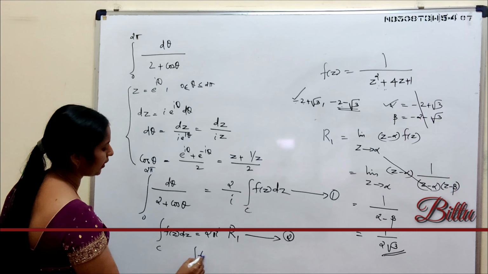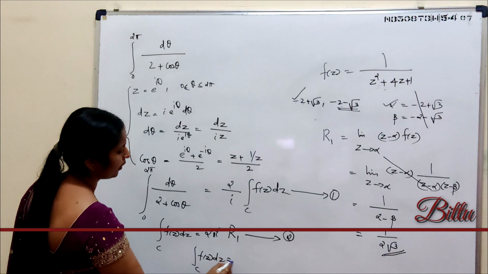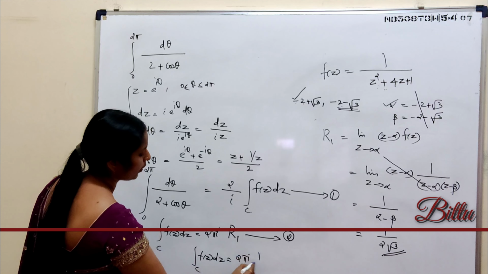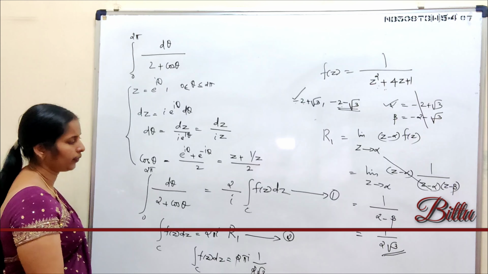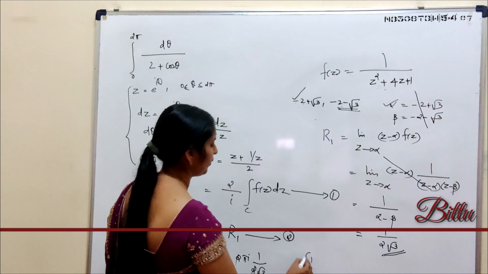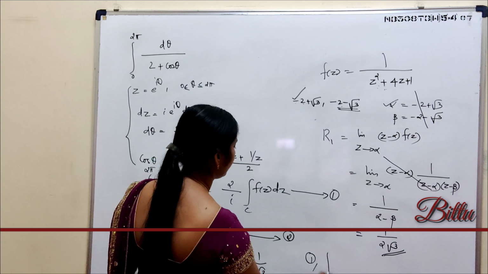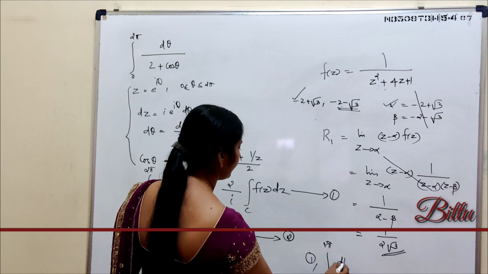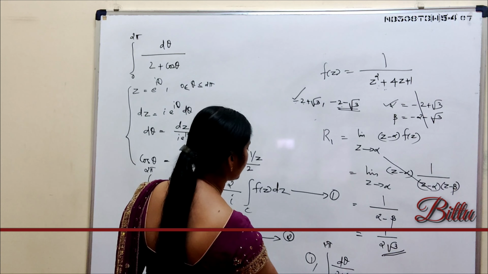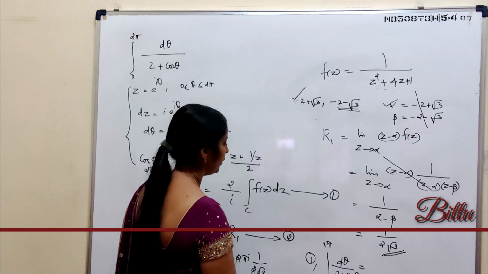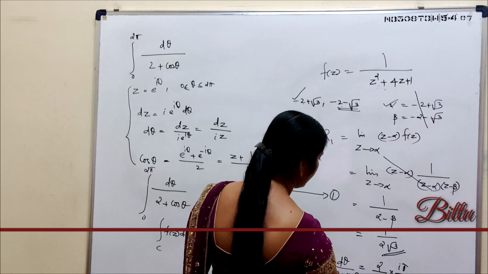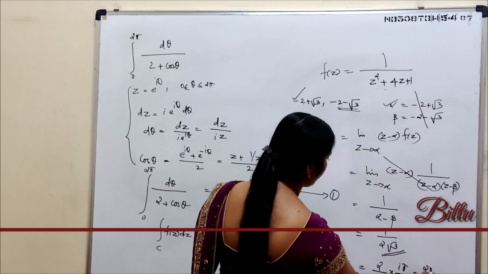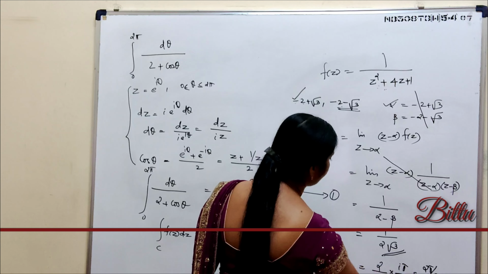So integral over C f z dz is 2 pi i into 1 by 2 root 3, so i pi by root 3. You put in equation number 1. Integral 0 to 2 pi d theta by 2 plus cos theta equal to 2 by i into i pi by root 3. So 2 pi by root 3.